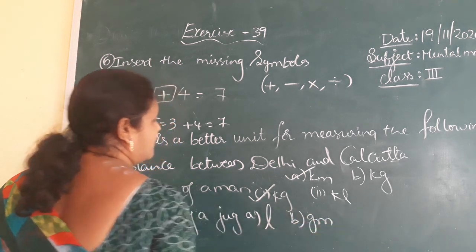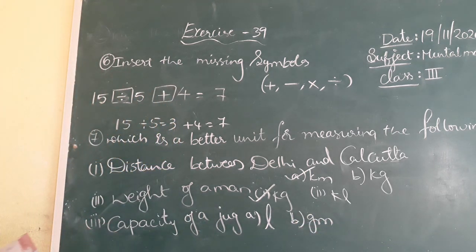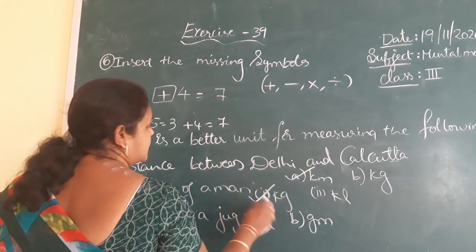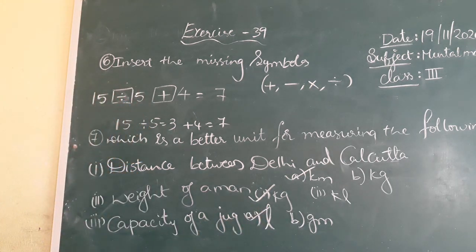Weight we used to measure in grams, but here it is the capacity of a jug. Capacity means how much it takes. If you pour some water or milk in that jug, how much it can hold is the capacity. That means it is measured in liters.